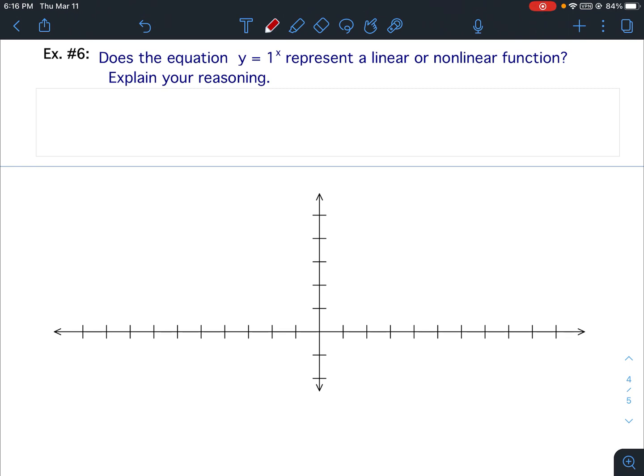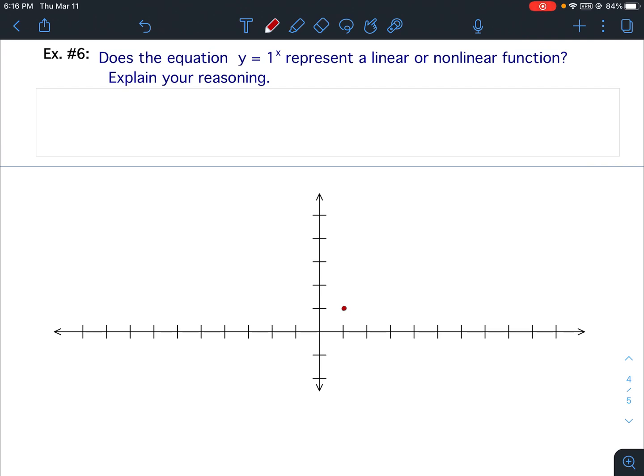So let's plug in x is 1. Well, 1 to the 1 power would give you 1. 1 to the first power is 1.